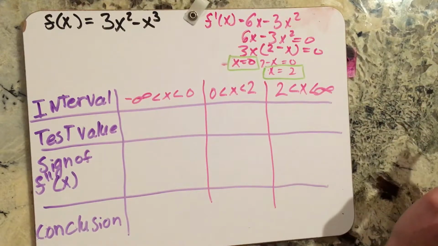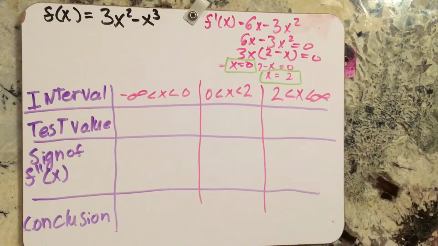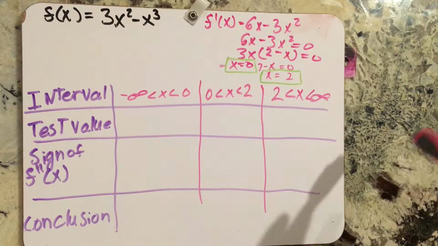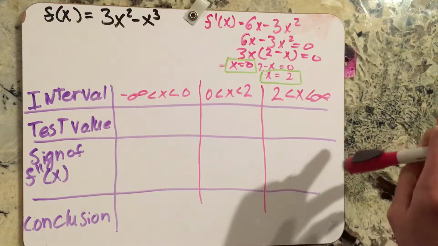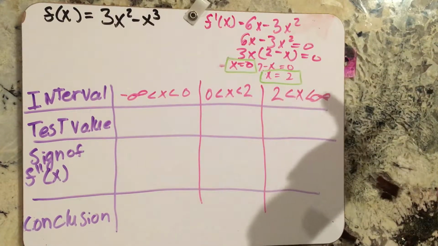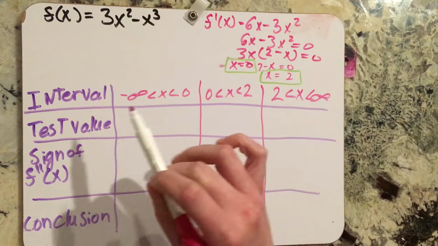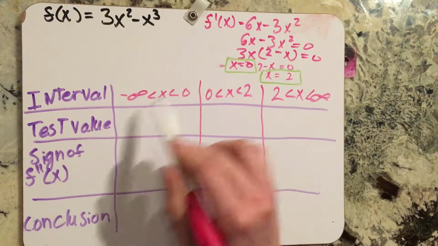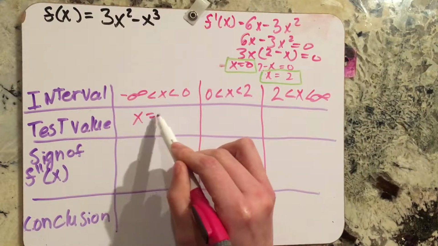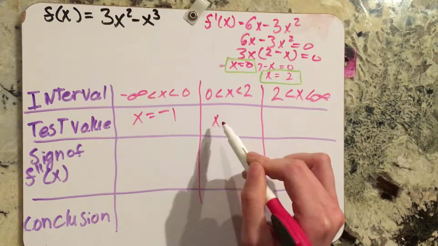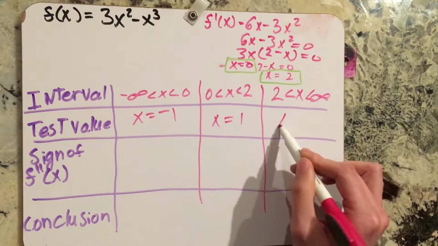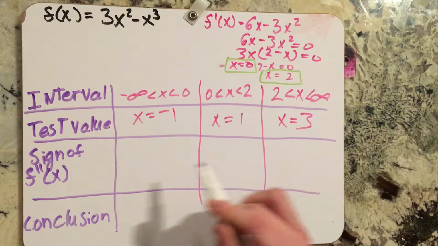If you watched any of the earlier videos or you understand finding decreasing and increasing functions, this will make more sense on why I have this placed like this. Okay, test values. I'm going to use x equal to -1, x equal to 1, and x equal to 3.